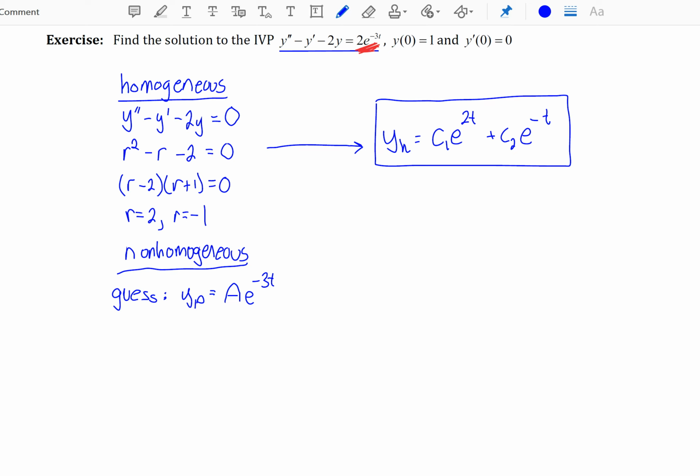Now, if this is going to be a solution, it has to satisfy the DE. So let's evaluate our DE with this proposed solution.